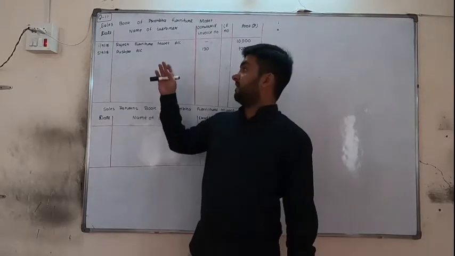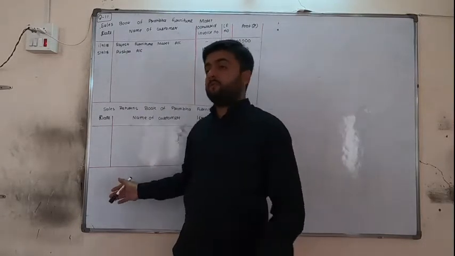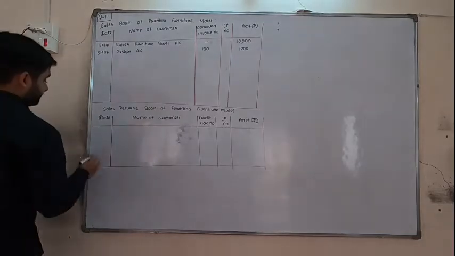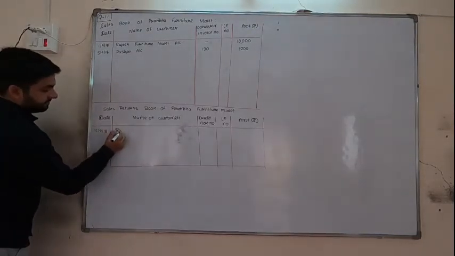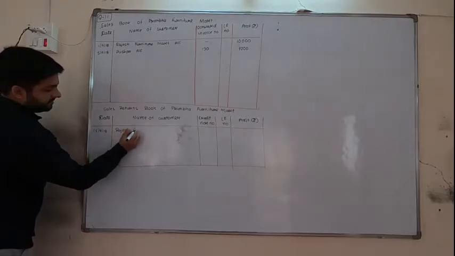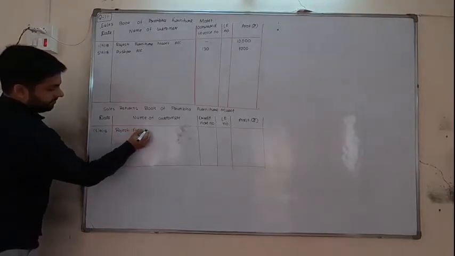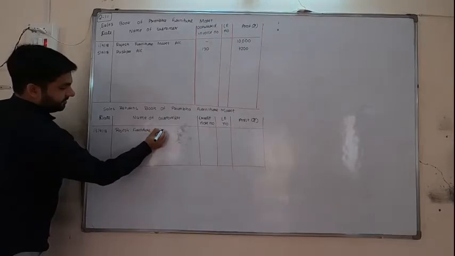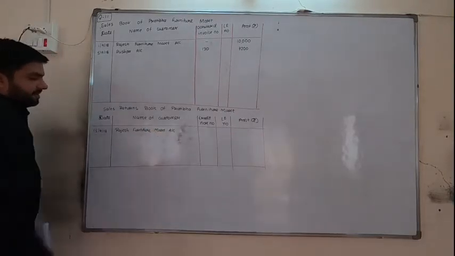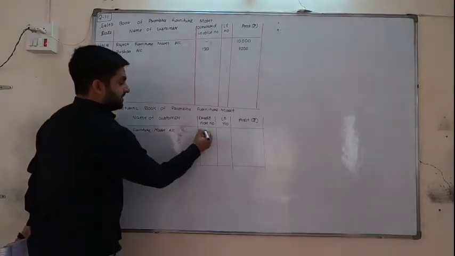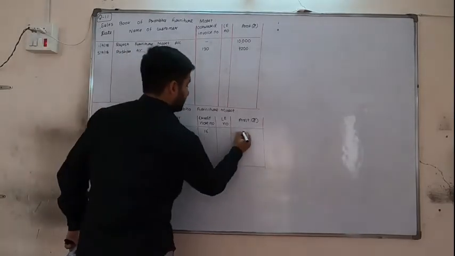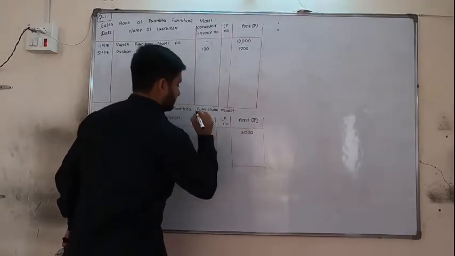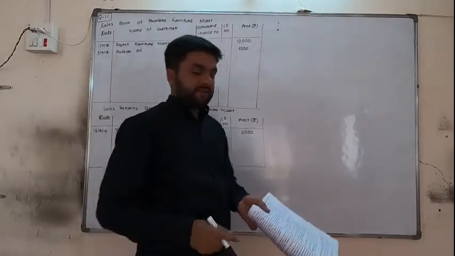We have sold goods to Rajesh, now they are returning back. 15,980. Rajesh Furniture Mart account. Credit note number is 16. They are returning goods of 5,000. So let's directly write 5,000.